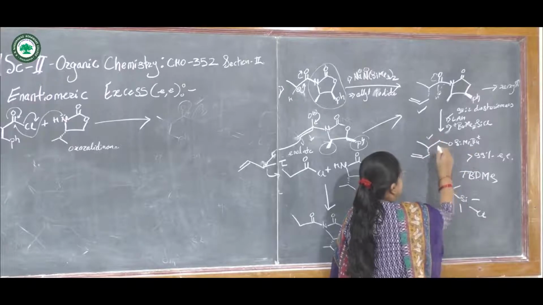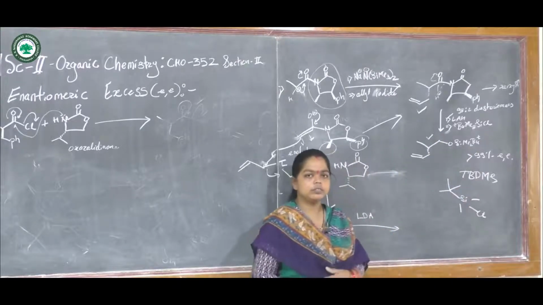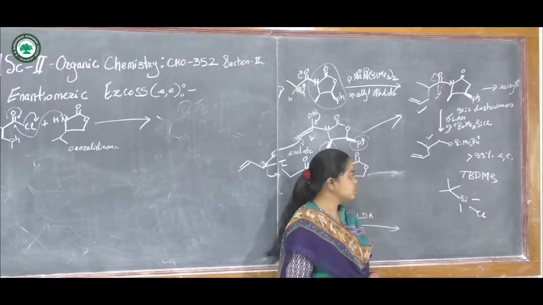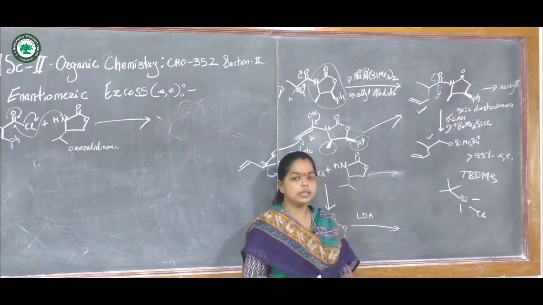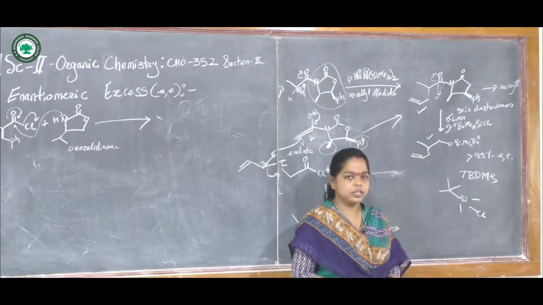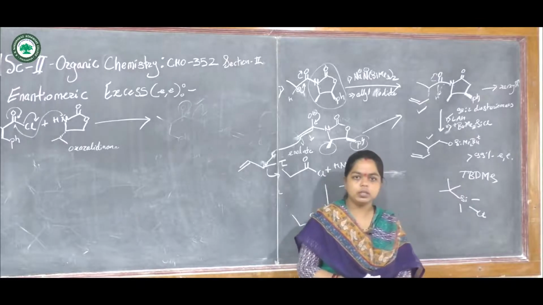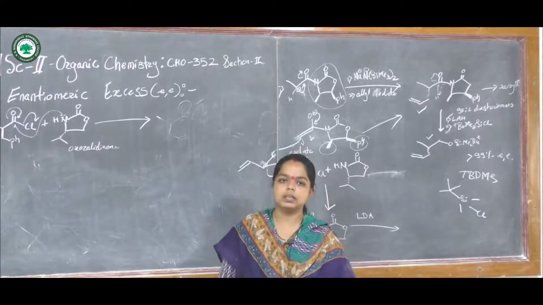So we are getting the structure, and we are getting a high enantiomeric excess; more than 99% enantiomeric excess is obtained in this reaction. So a highly enantioselective reaction can be carried out by using the chiral auxiliary.